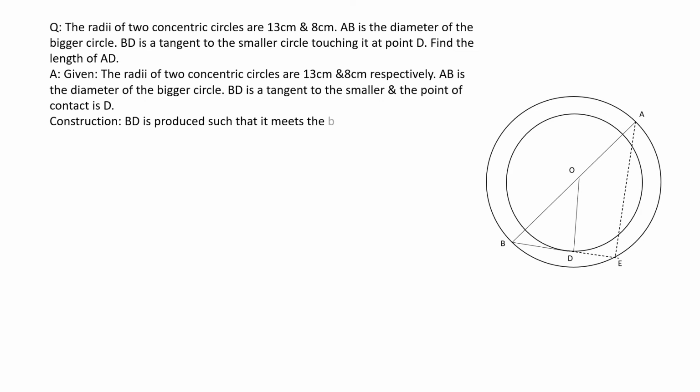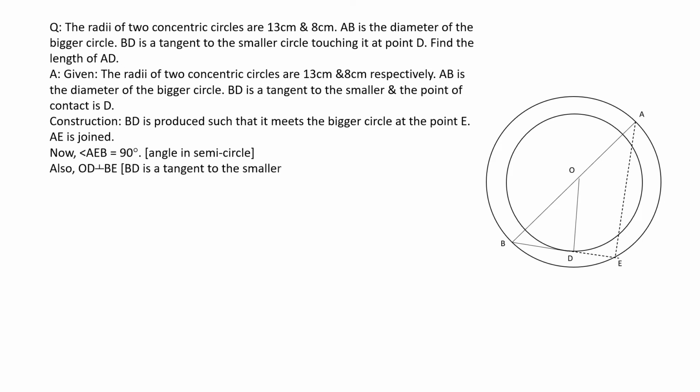Construction: BD is produced so that it meets the bigger circle at the point E, and AE is joined. So now angle AEB equals 90 degrees, because it is an angle formed in a semicircle. Also, OD is perpendicular to BD, because BD is the tangent to the smaller circle and OD is the radius.